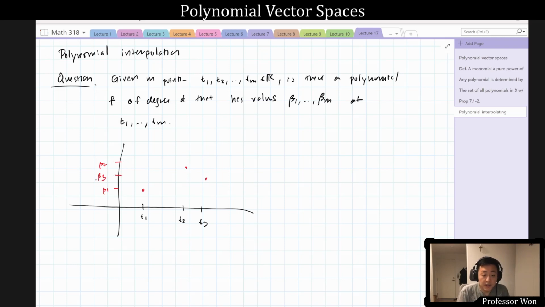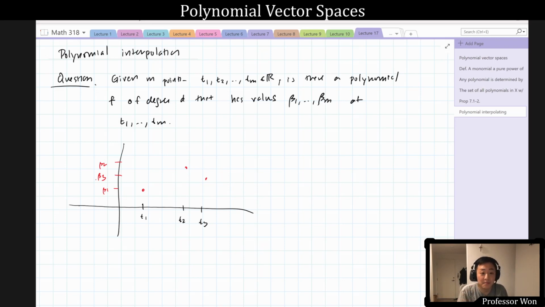I could ask, does there exist a quadratic polynomial that passes through these 3 points? I could ask, does there exist a degree 3 polynomial, a degree 4 polynomial? How many exist? And this is just a generalization of asking, is there a line going through these points? And of course, you know that there's not a line going through these points. But it turns out that there will be infinitely many degree 3 polynomials that go through these points.